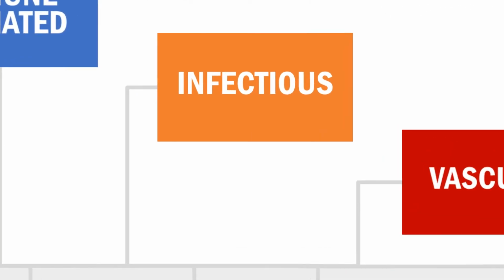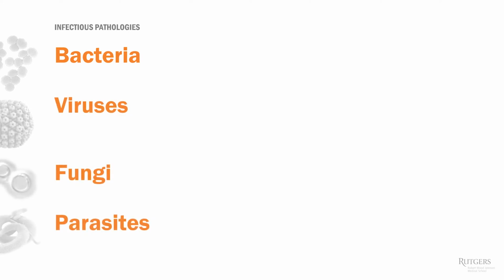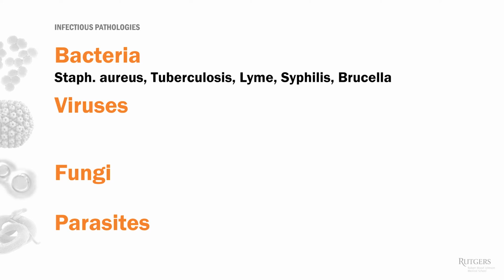Let's talk about germs. We are essentially dealing with 4 groups of organisms: bacteria, viruses, fungi, and parasites. But you already knew that. In the bacterial category, the usual suspects include Staph aureus, tuberculosis, Lyme, syphilis, and brucella.